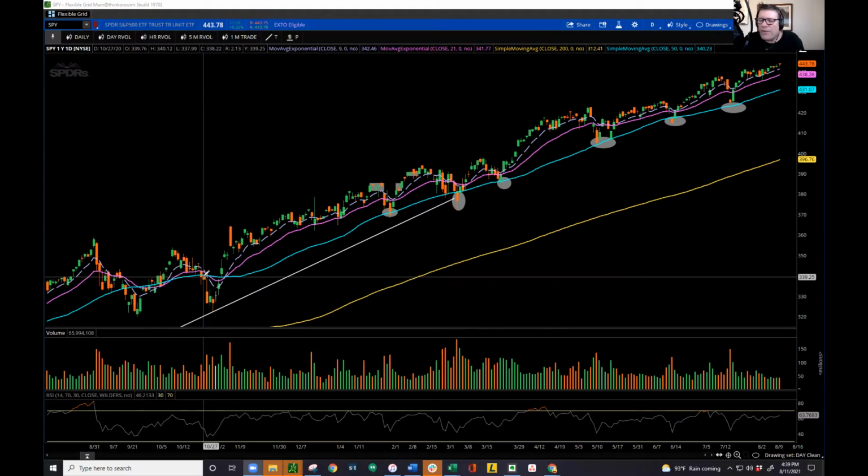Typically you're getting ready to break out or break down a particular way. So when we see moving averages squeeze together, that's typically a sideways move. We're getting ready for a possible break one way or the other.